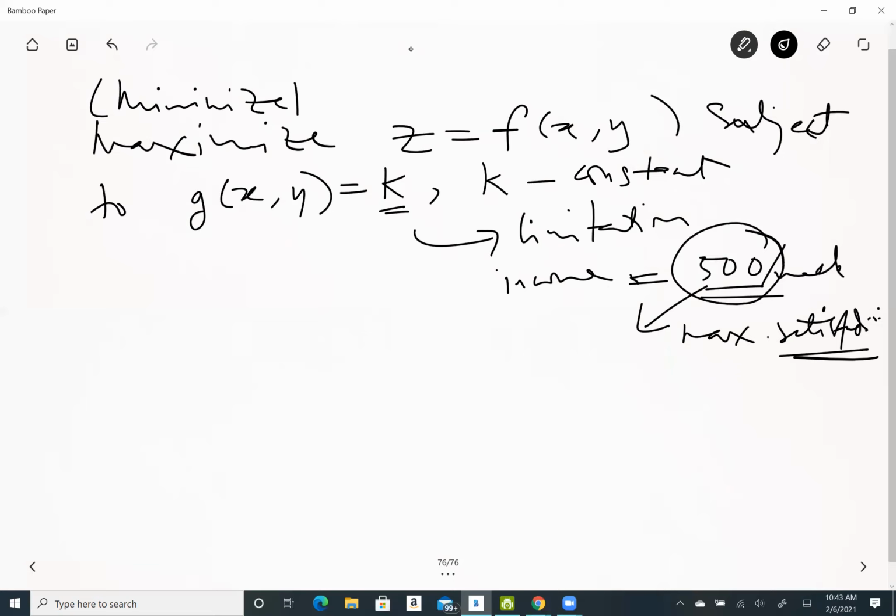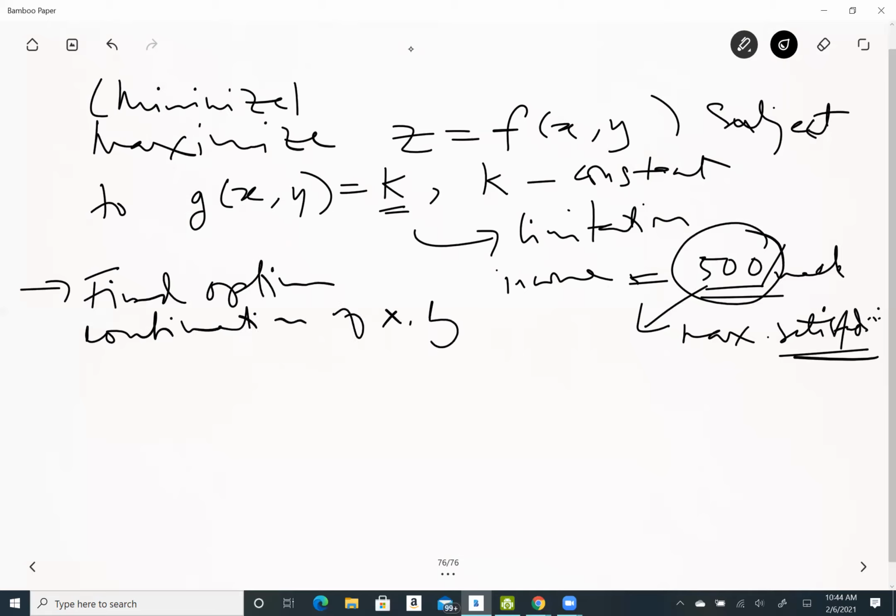So the method that we're going to use: maximize, minimize. In other words, you want to find the optimum combination of X and Y, we call it X star, Y star. That's like equilibrium.